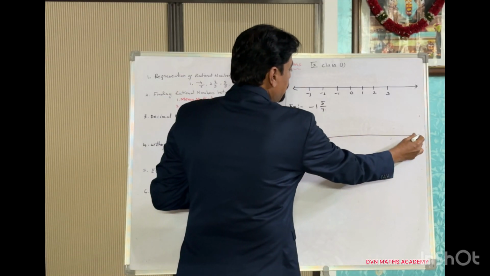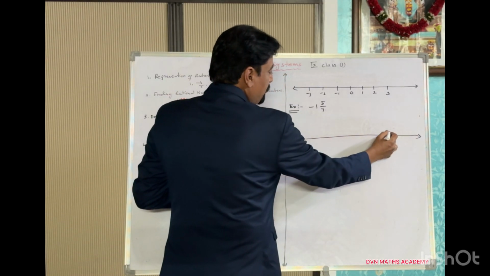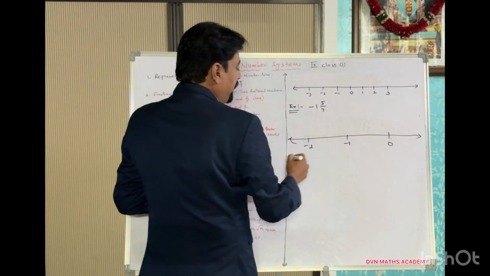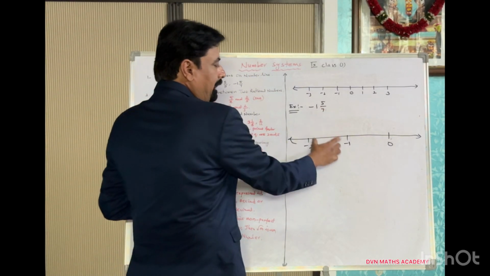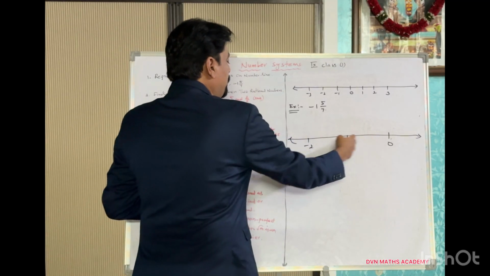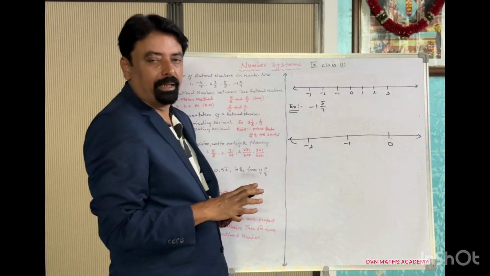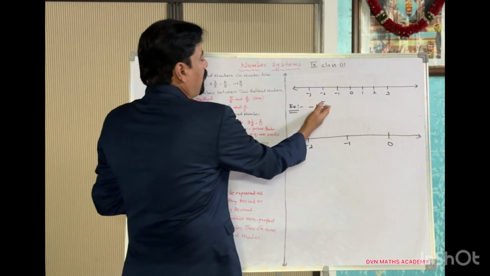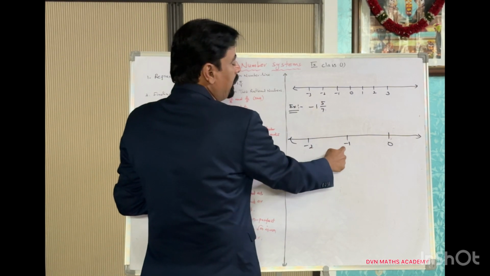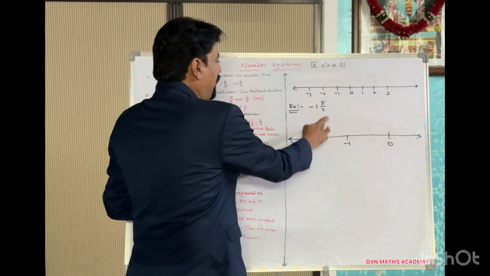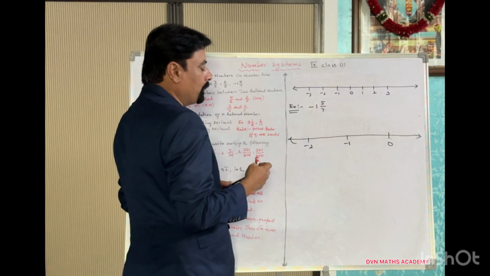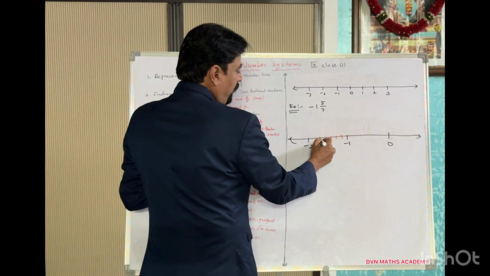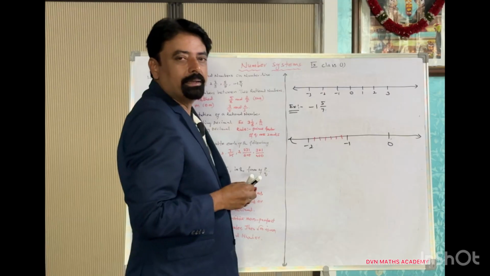So this is my number line, this is my 0, you take this as minus 1 and minus 2. I take minus because this given rational number is negative, so it will be on the negative part of our number line. It is more than minus 1, I mean it crosses minus 1, so it will be in between minus 1 and minus 2. Again here the denominator is 7, so you make 6 strokes here. This is 1, 2, 3, 4, 5, 6, which means it becomes 7 parts.